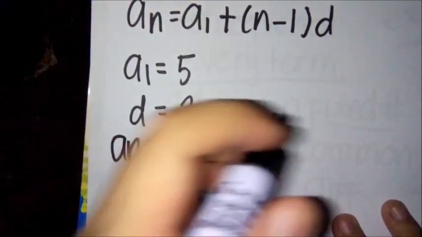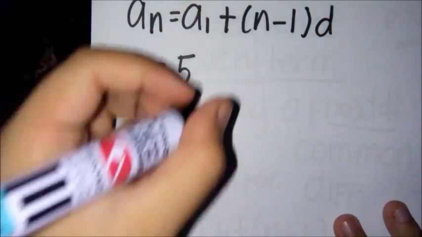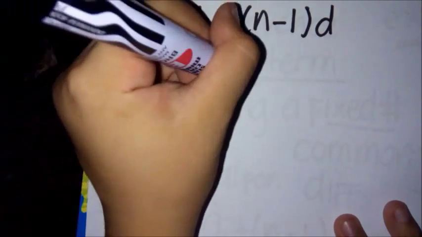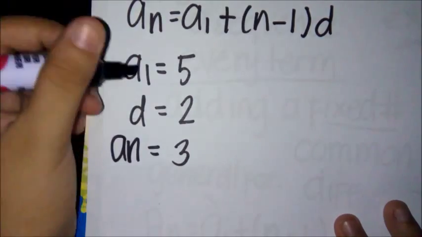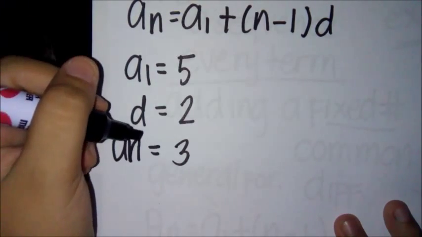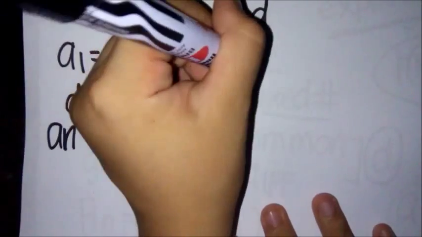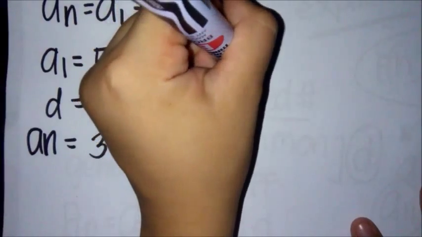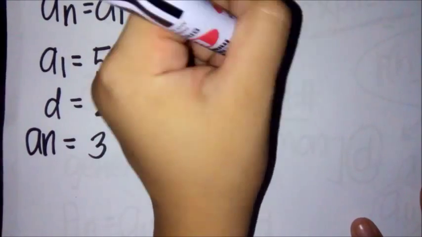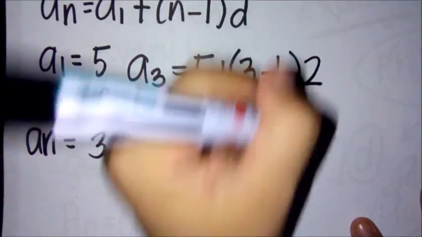So let us try it by simply substituting the given numbers. So a sub 3 is equal to 5 plus 3 minus 1 times 2.